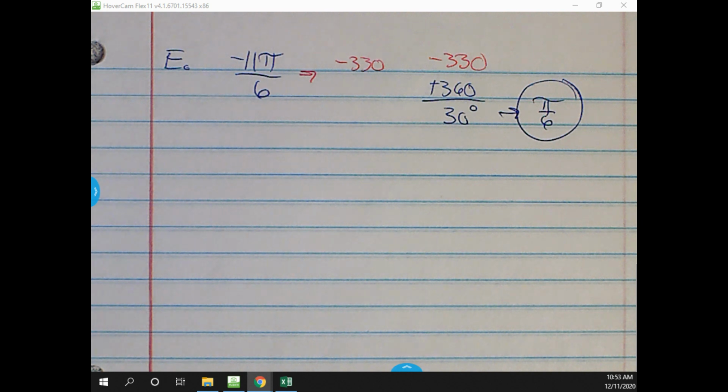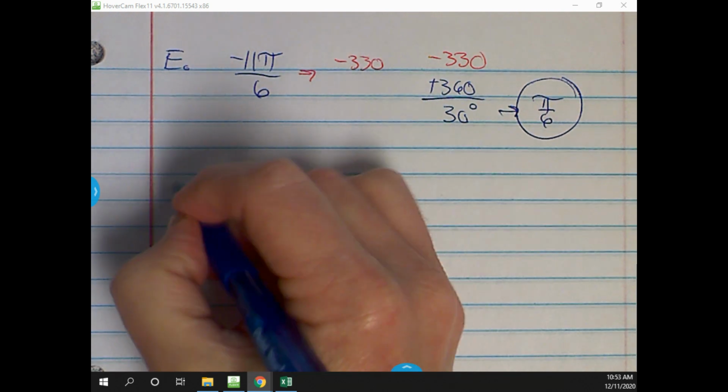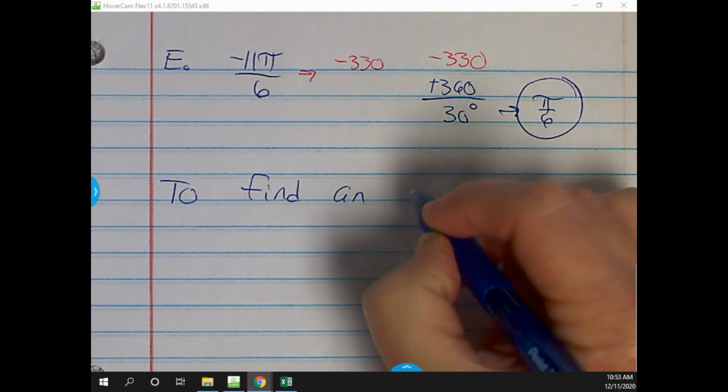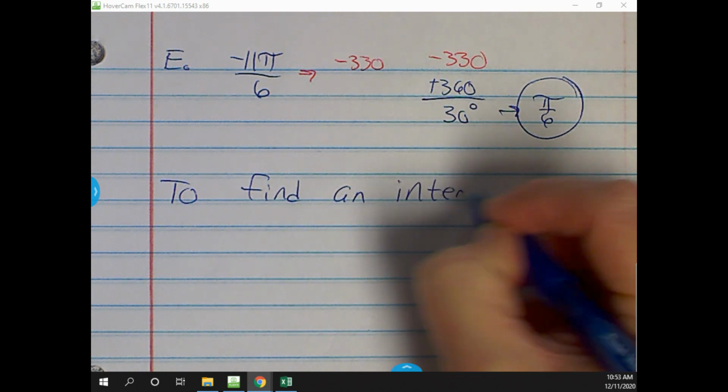Okay, and then one last little thing. I forget exactly where this one is. There's one little section of homework. This is really straightforward, really easy. It doesn't really fit here, but I couldn't find a better spot to put it, so we're just going to put it here. To find an intercepted arc.